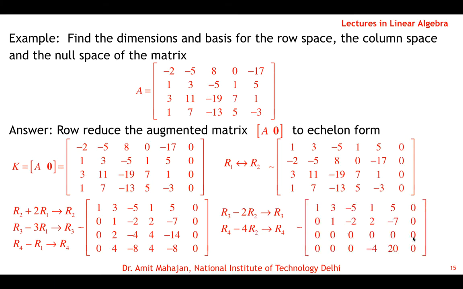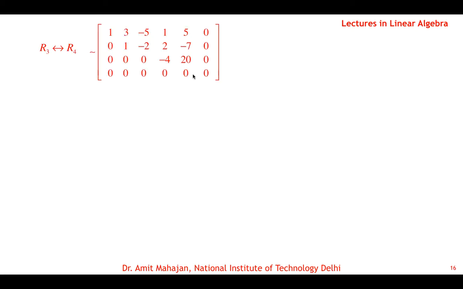Immediately you see the other elements of the third and fourth rows also change, and the third row is completely 0. So now we have to interchange row 3 and row 4. For equivalent form, you know that any row of all 0s must be at the bottom. So after interchanging row 3 and row 4, it becomes our equivalent form.